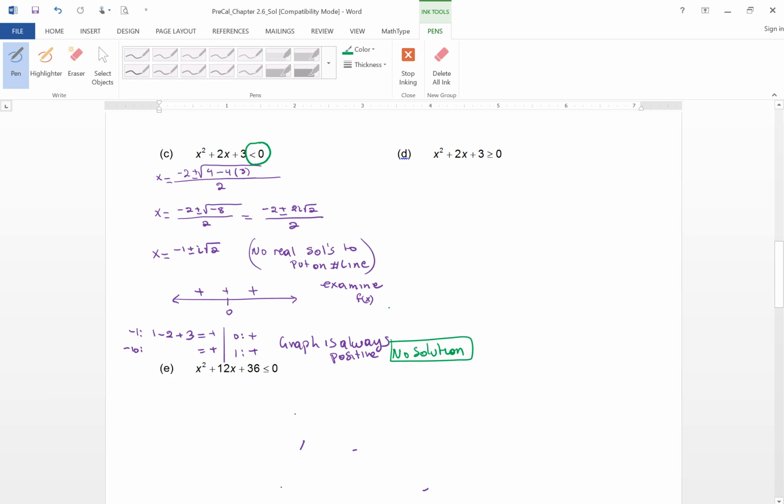Okay. Now, here I have the same function for d, but this time it's greater than or equal to 0. So let me listen to what I have to say so everybody can hear me. It's the same exact graph. Okay, it's the same exact equation. Again, here we have 0, we have positive here, positive, positive everywhere. It's asking me for the area where it's either greater than 0 or equal to 0.